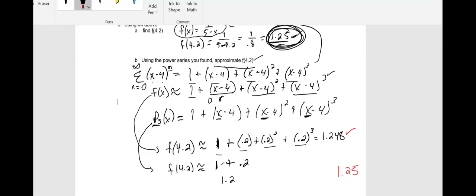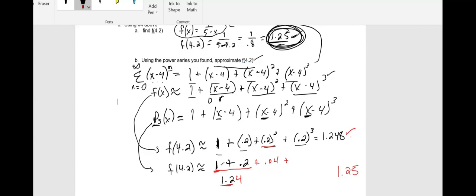So very, very close. If we just use the first term, pretty close. If we added the first two together, we get closer. If we add the next term together, this here, we get 0.04. So now we're at 1.24. If we add this next term, the 0.2 cubed, let me make sure so I don't screw this up.